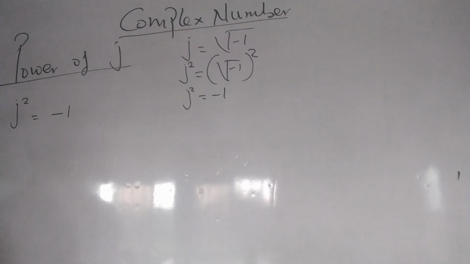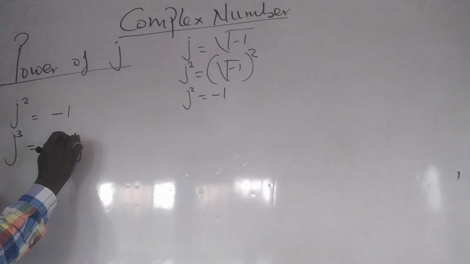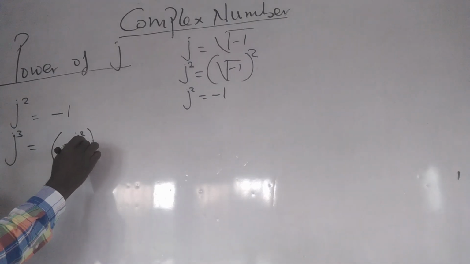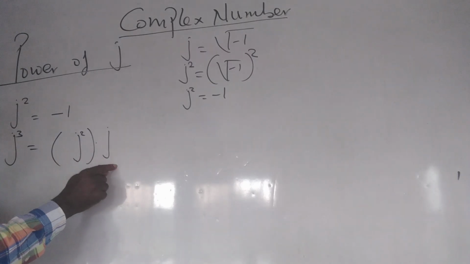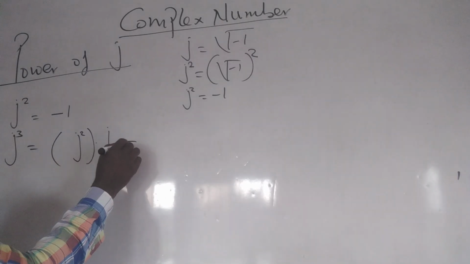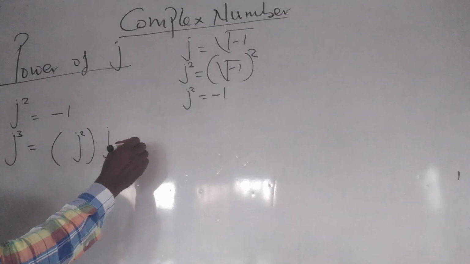It is not to be memorized, but there is a concept, or there's how the formula we can use in understanding it. Okay, now what about J cube? J cube is the same thing as J squared into J. Yes, J squared dot J, which simply means J squared is minus 1.